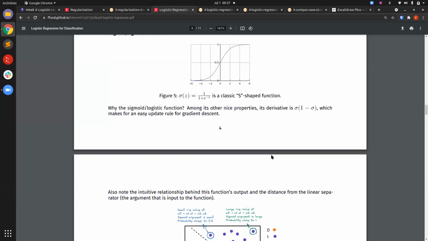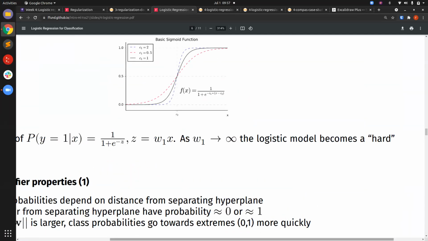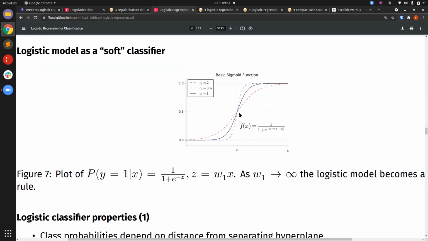What does that mean? Well, we said that the sigmoid function has this kind of shape where the larger the norm of the weights, meaning the larger the magnitude of the weights, the steeper the sigmoid becomes. So let's say this blue line here shows the sigmoid function for a large value. The red line shows a sigmoid function for a smaller value of the weights.